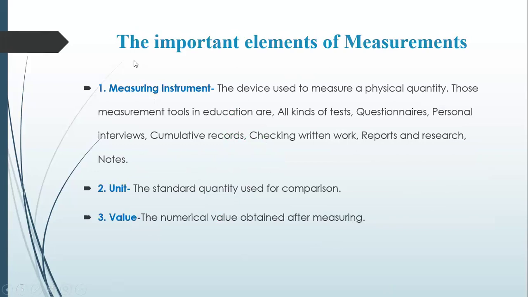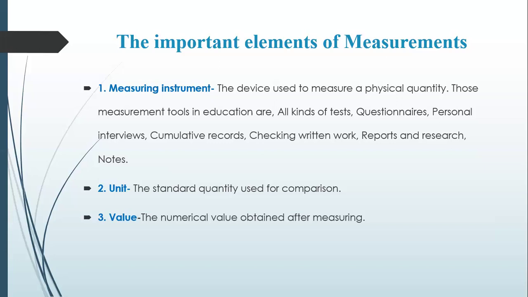When we talk about measurement, there are three important elements: first the measuring instrument, then unit and value. In the basic idea, measuring instruments mean that if we want to measure distance, we can use a meter ruler, tape or foot ruler.